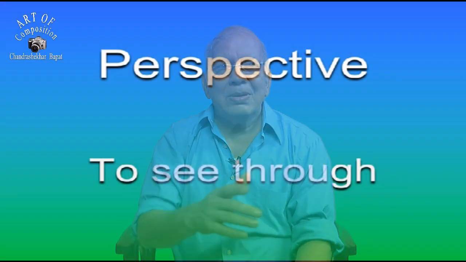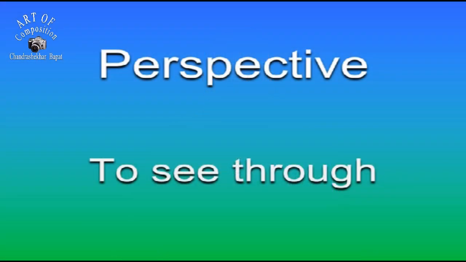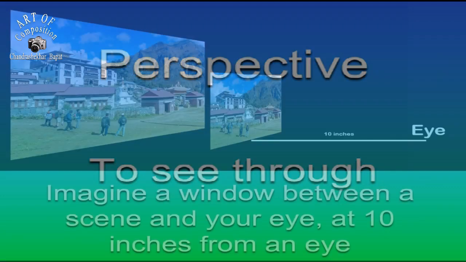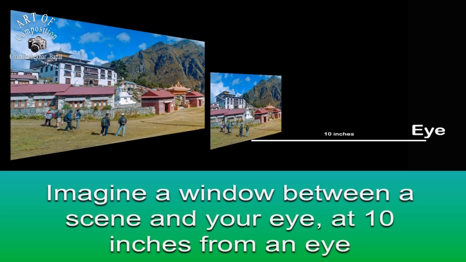Let us first see what perspective means. Perspective means to see through. That is, imagine that you are looking at a natural scene through a window or a frame that measures 6.5 inches by 8.5 inches. This window or frame is positioned at a distance of 10 inches from your eyes. On top of that, there is a transparent glass placed, and through that glass you are viewing the scene on the other side.